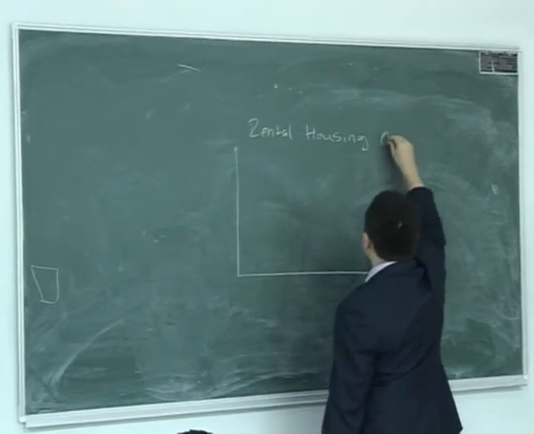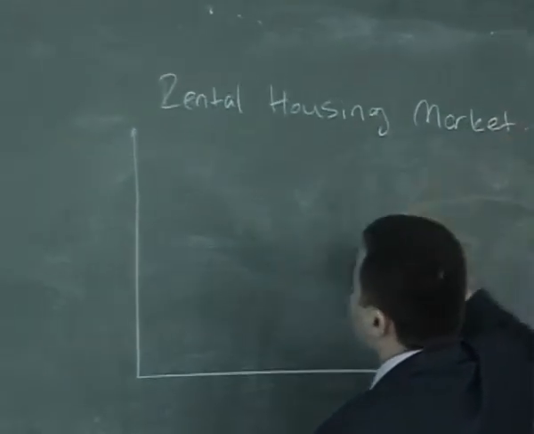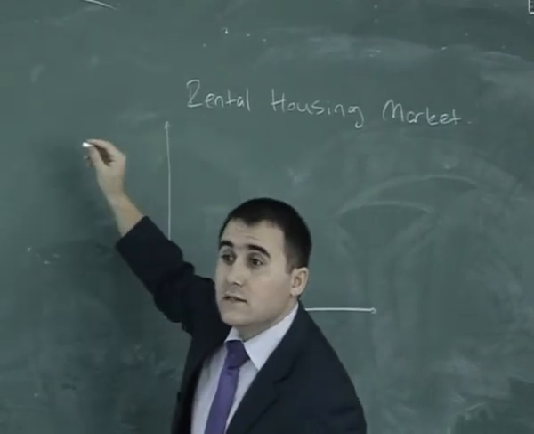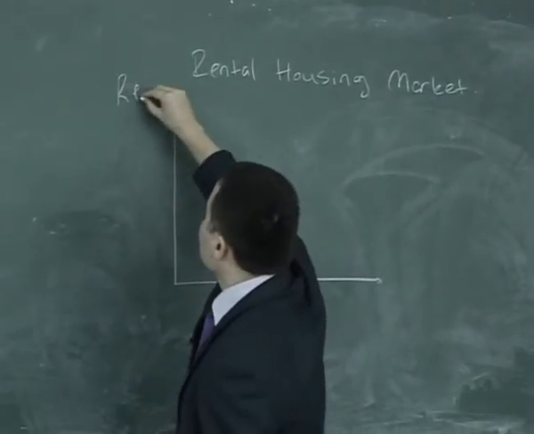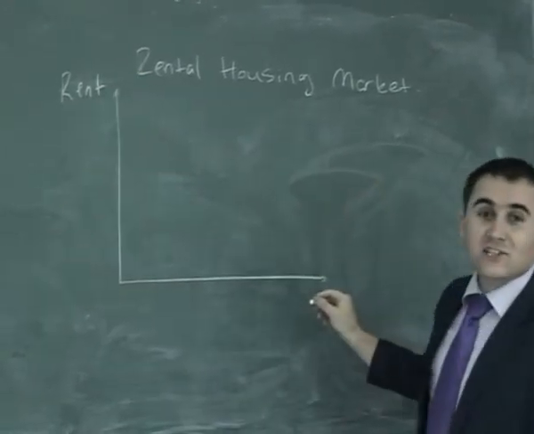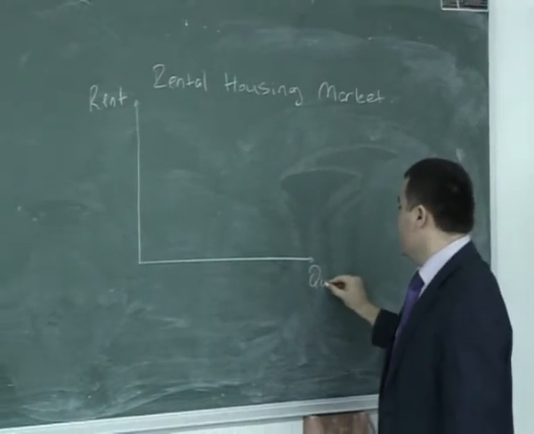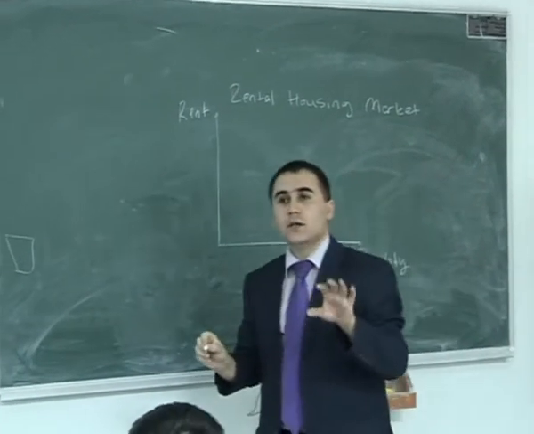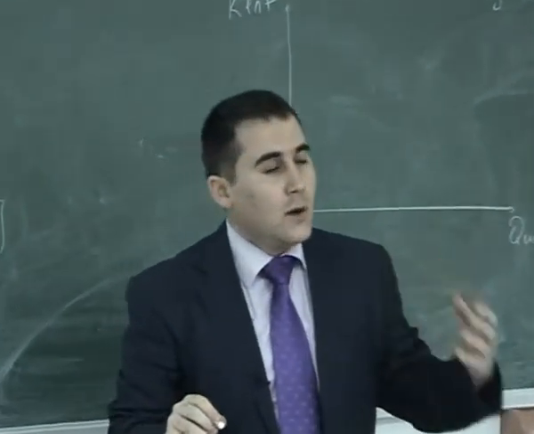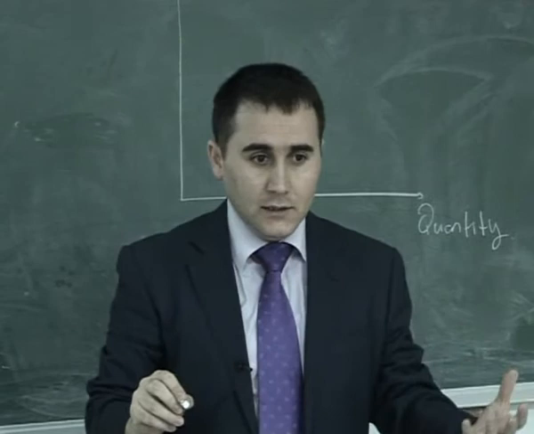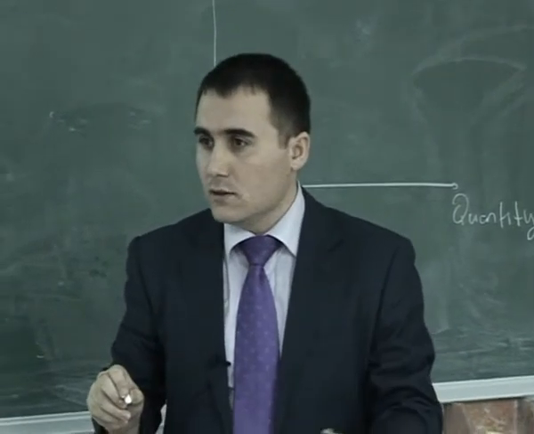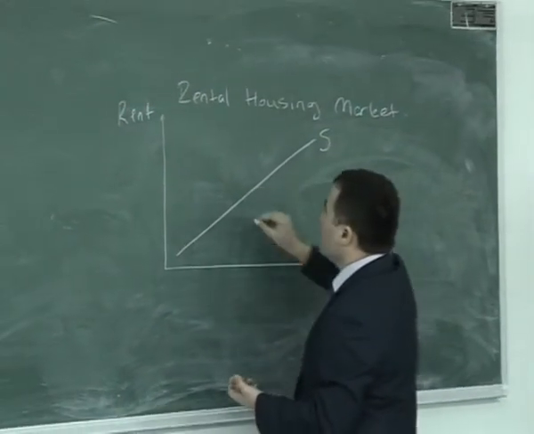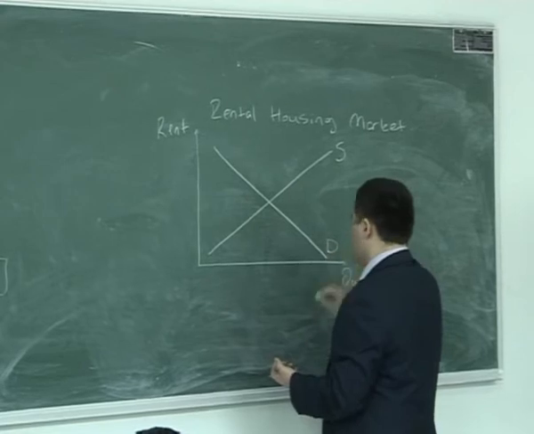In our rental housing market, the price is rent, and quantity refers to the number of houses supplied and the number of houses demanded. So we have a positively sloped supply curve and a negatively sloped demand curve.